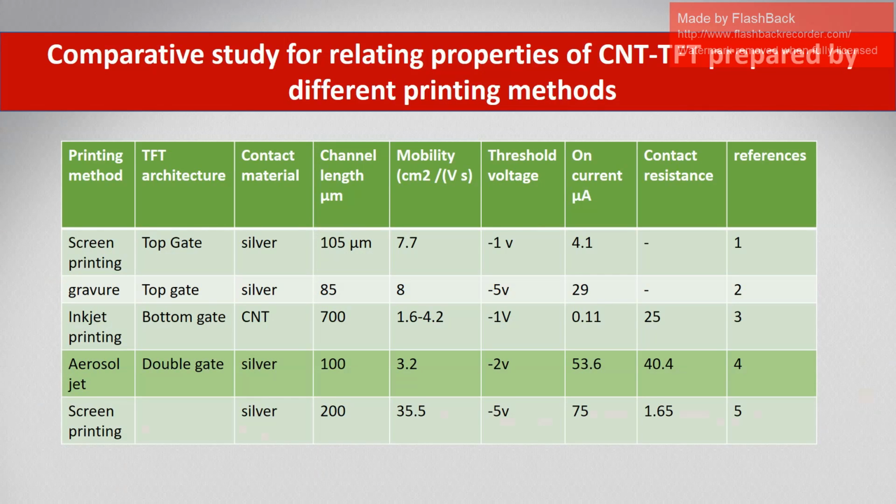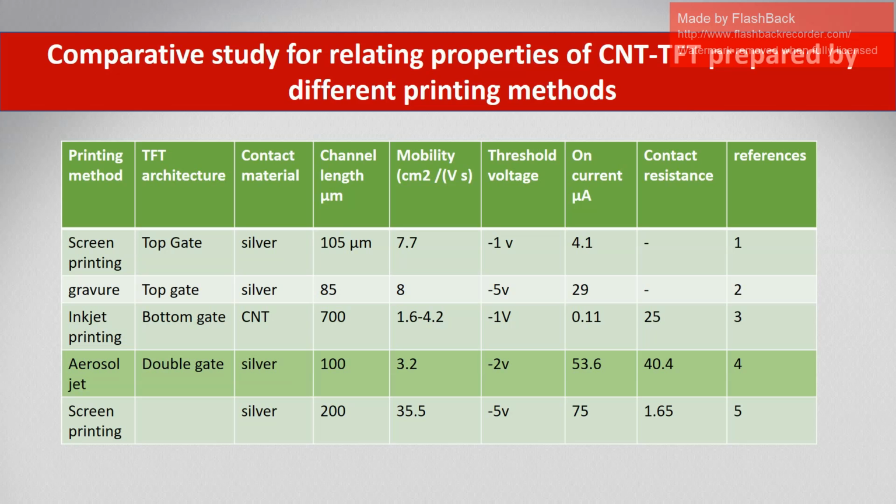These are the comparative study of related properties of CNT TFTs prepared by different printing methods. In reference 1, which used screen printing with a top gate TFT architecture and silver as the contact material, they achieved a mobility of 7.7.